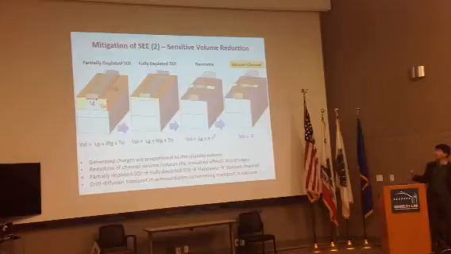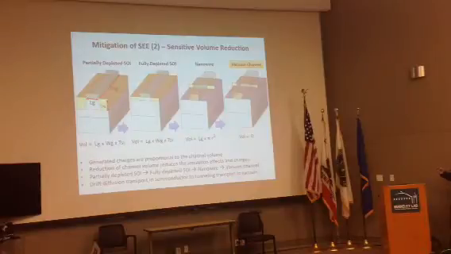So this is today's traditional way to mitigate a single event. If we want to reduce the ionization, the most straightforward way is to reduce the interaction volume of the silicon with radiation.